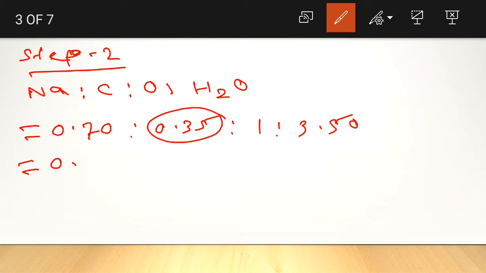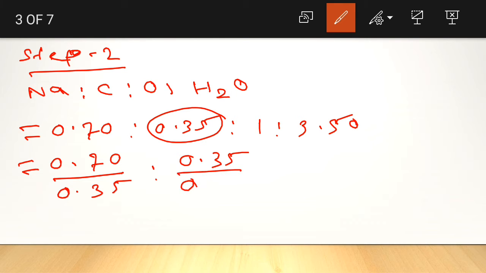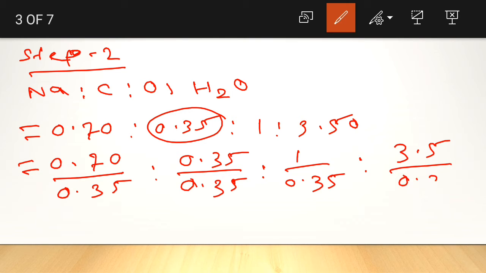So 0.70 divided by 0.35, 0.35 divided by 0.35, 1 divided by 0.35, 3.5 divided by 0.35. Then the ratio will be 2 is to 1 is to 3 is to 10.